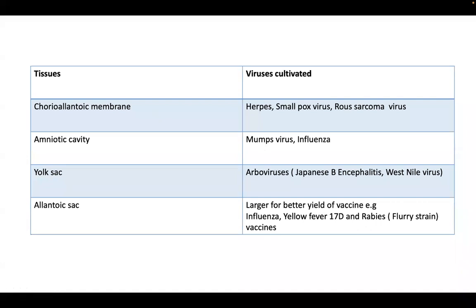And the yolk sac is for isolating arboviruses such as Japanese encephalitis and West Nile virus. But the allantoic sac, as we saw earlier, is a little bit bigger, and it gives a better yield for vaccines. Hence, it's used to make vaccines for influenza, yellow fever, and rabies.